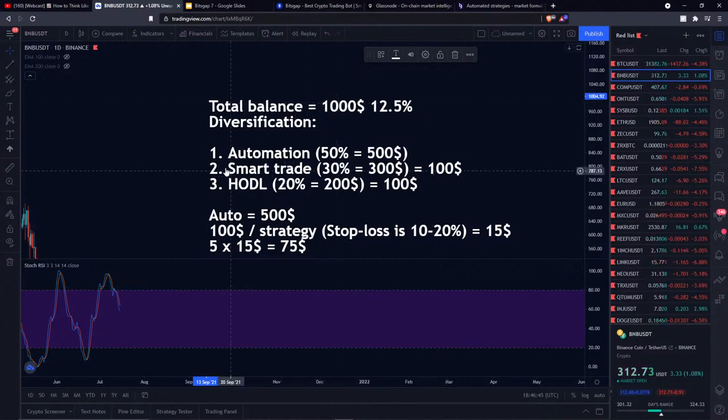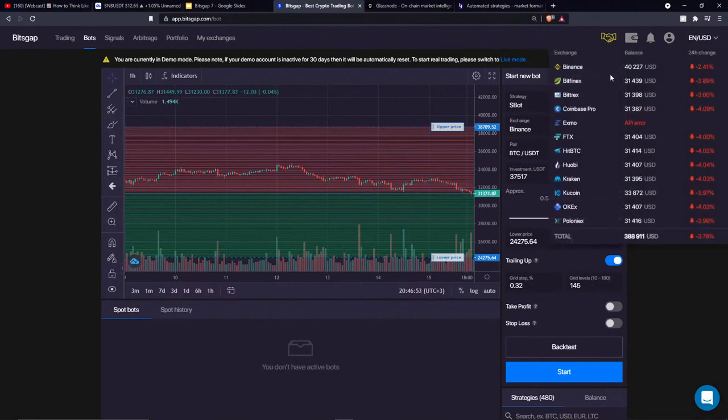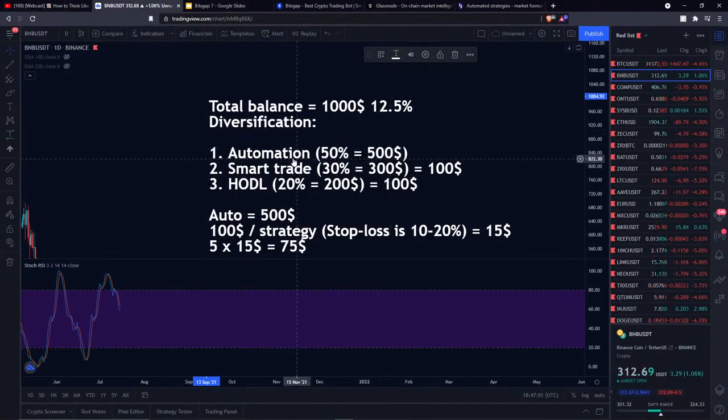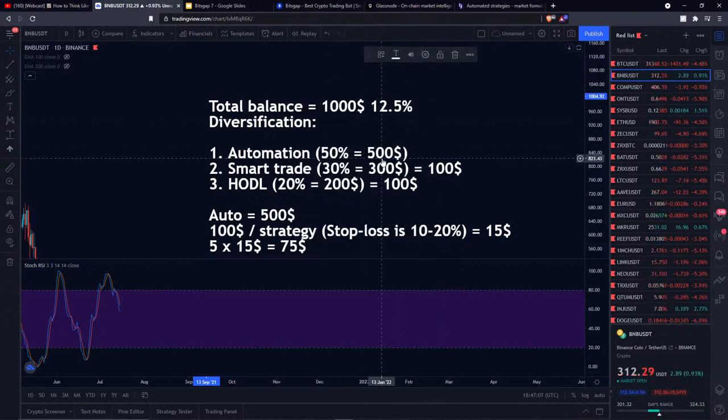Like, you are playing with different strategies, let's say in the demo mode, and you feel like you get most of your returns out of the automation, then in that case you can start trading focusing on automation. Start with maybe 60%, whatever, and see how it goes the next couple of months.